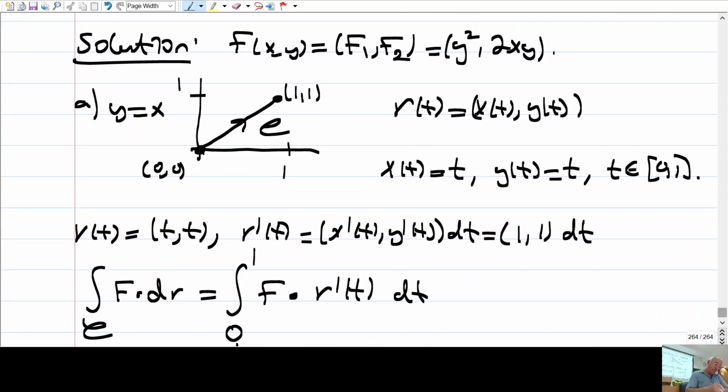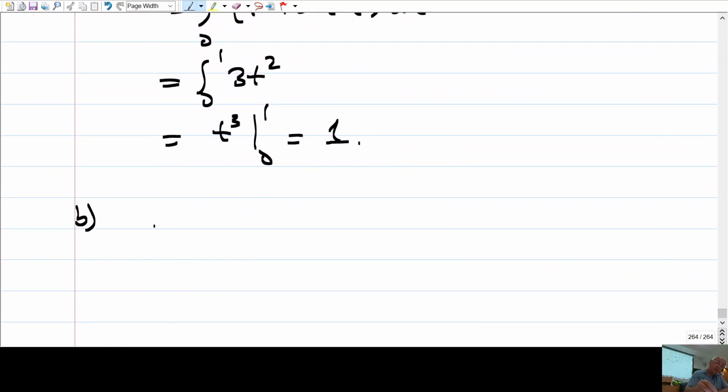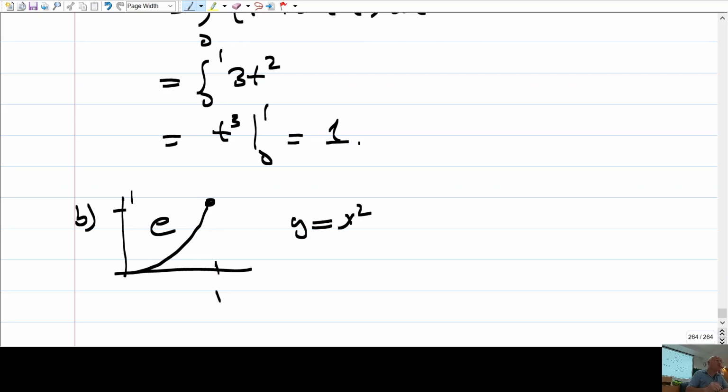Okay, now we will repeat the same for a different curve. Part B was, okay. So again, I am going from 0, 0 to 1, 1. But this time, along the curve y equals x squared. So I need a parameterization r(t), which is (x(t), y(t)) of this curve.